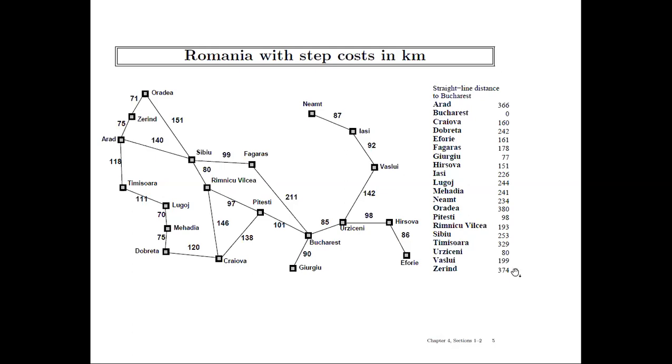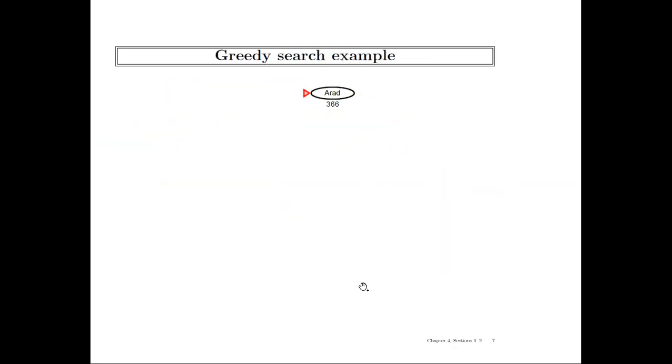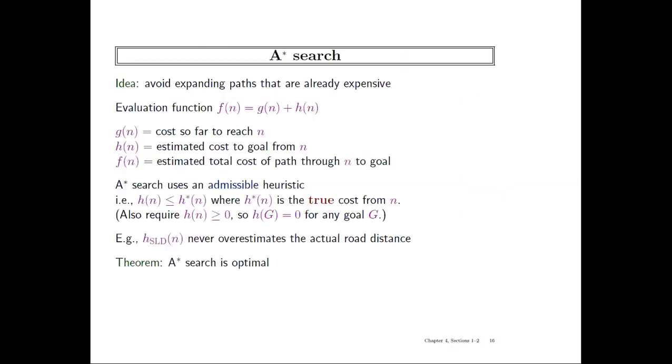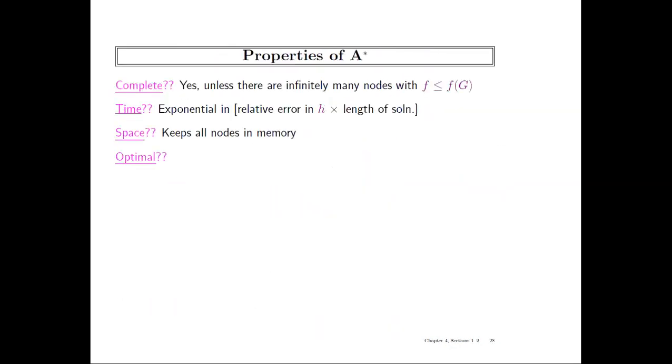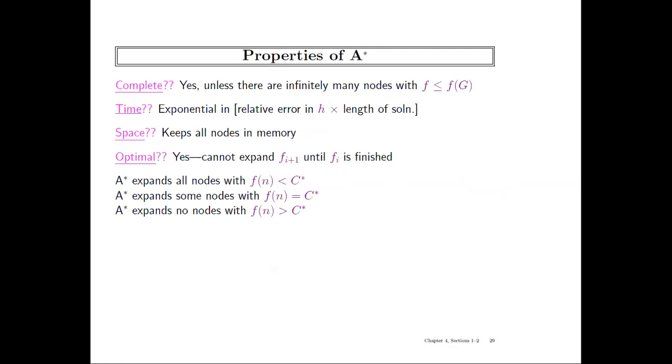So that is the advantage of using the A star search algorithm, that it always gives you the optimal solution. And here we can see the properties. Complete? Yes, that is complete, unless there are infinitely many nodes. सिर्फ इस केस में ऐसा हो सकता है. Otherwise, whenever there is a solution, you will always find a solution by using A star search.